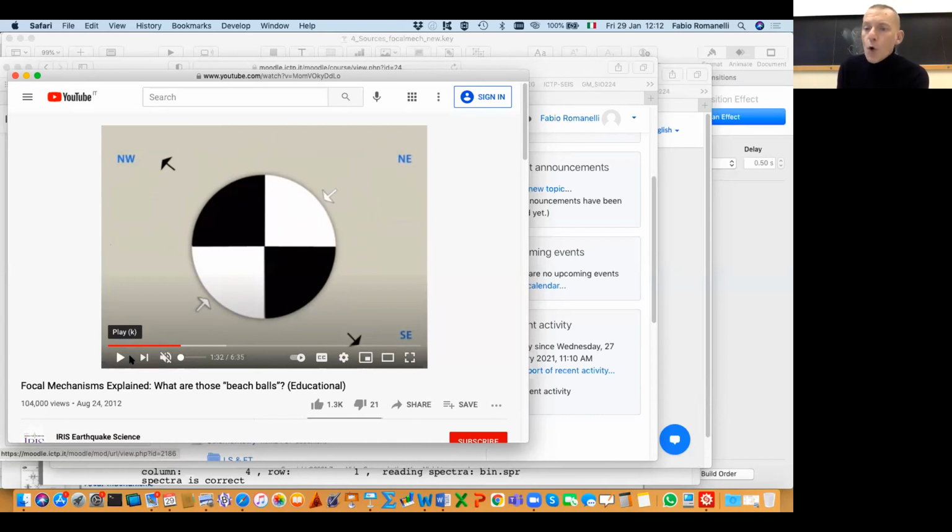Well, the answer is no, because we have 2 possibilities. The same focal mechanism pattern can be obtained using this as a fault plane or this, according to whether it is a slip like that or a slip like that. And you will see this now.